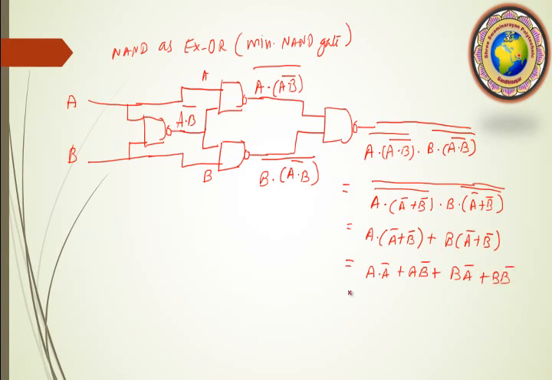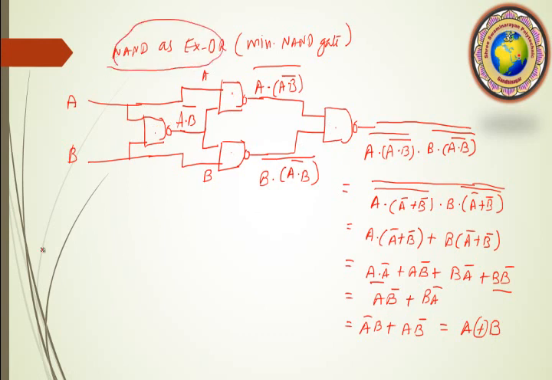Here the value is 0 and here also 0, so our final value is A B bar plus B A bar. You can also write it as A bar B plus A B bar, which is equivalent to A plus circle B. So these 4 gates is the minimum we can use to make NAND as XOR.